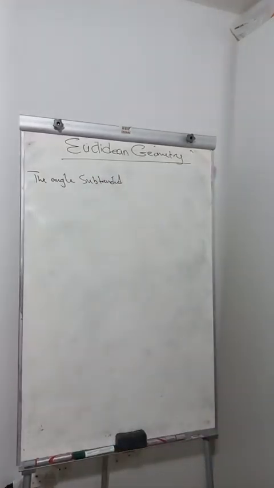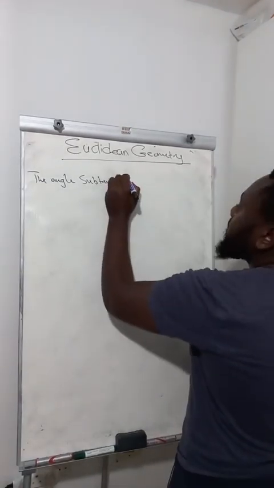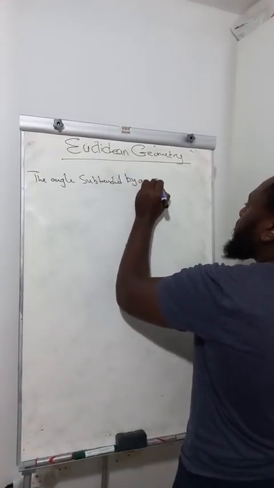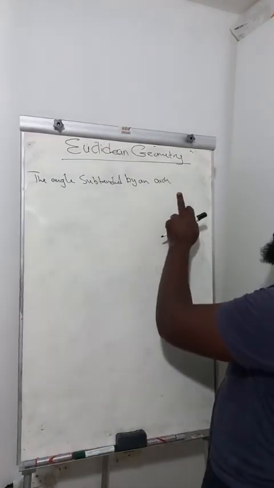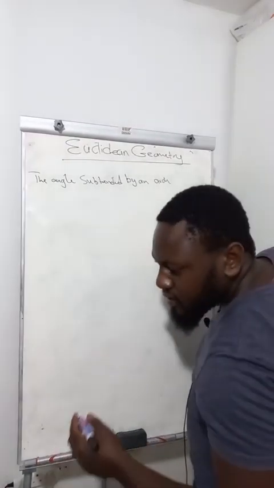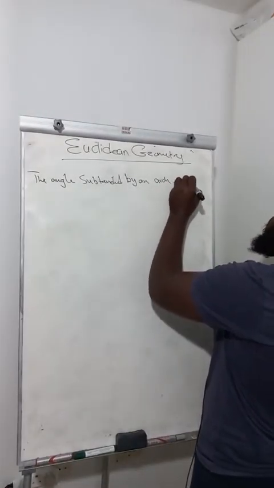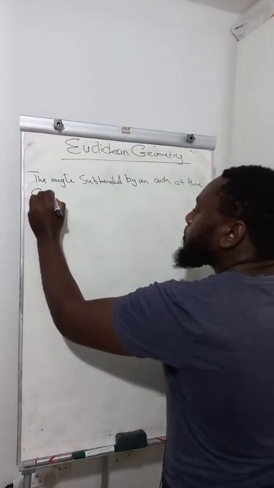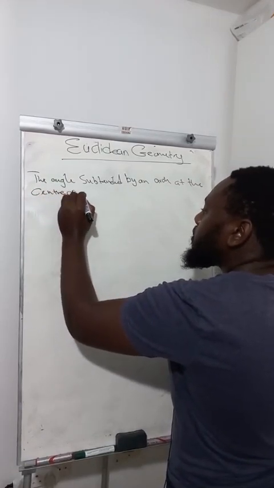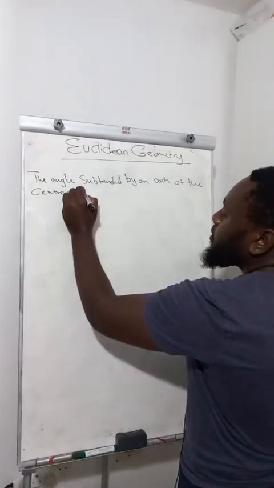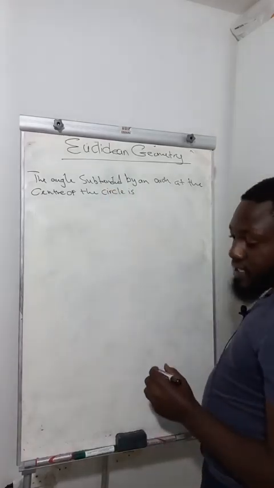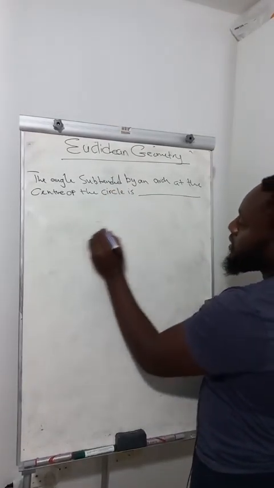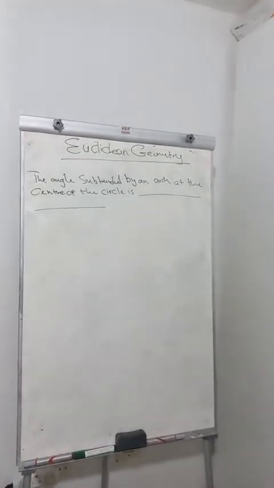They are saying the angle subtended by an arc at the center of the circle is, and then they ask you to complete this statement.